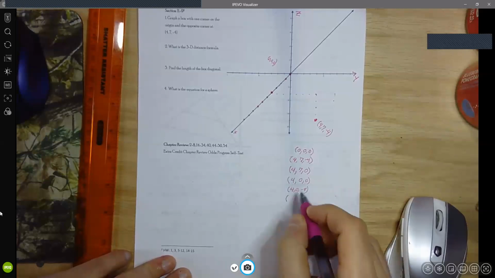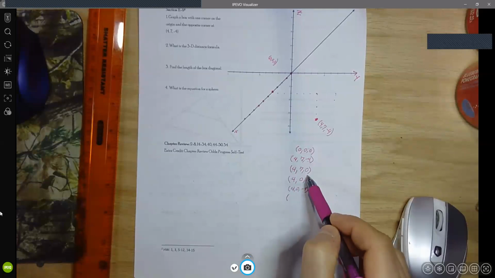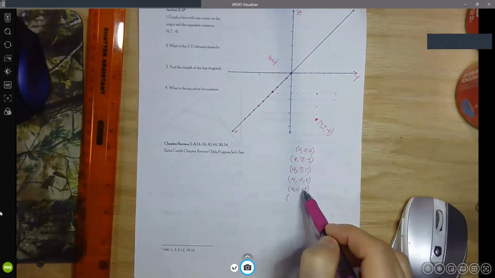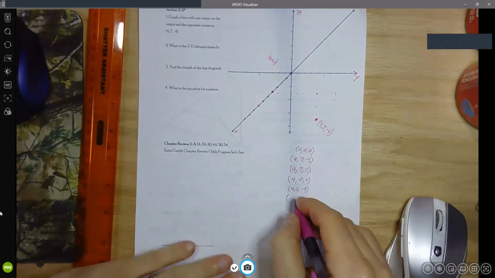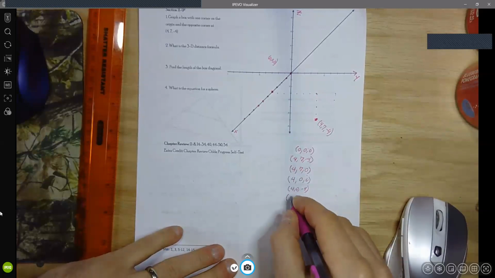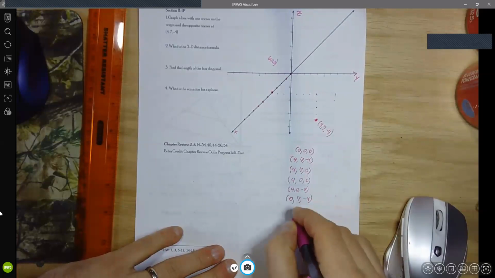So 4, 7, -4 and 4, 7, 0, those are my 2 z options. 7 and 0 are my 2 y options. And my x options are 0 or 4. I have 0, 0, 0 already. So I can do 0, 7, -4.